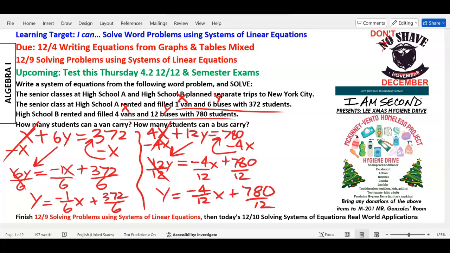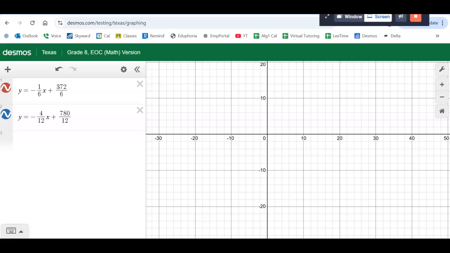But once we have y equals, we graph it. Okay. So remember, you don't have to write down the whole word problem. It's fine if you do, but I'm just saying that's a lot of work. But when you graph it, check it out. I typed them in all the way, but I can't see it.